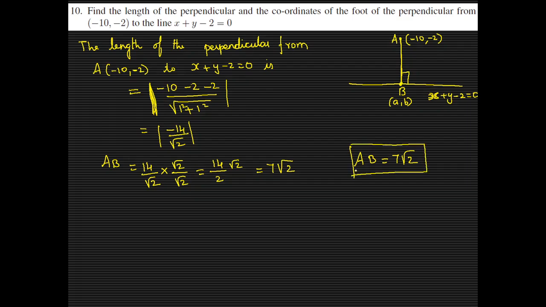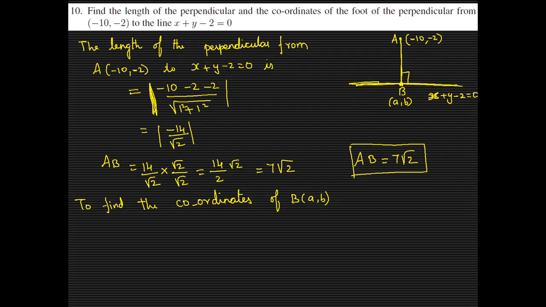Now we need to find out the coordinates of the foot of the perpendicular, the coordinates of B, (a, b). First, this point passes through this line.